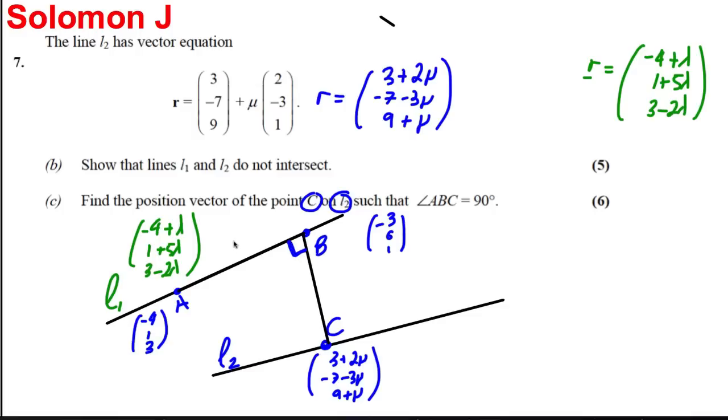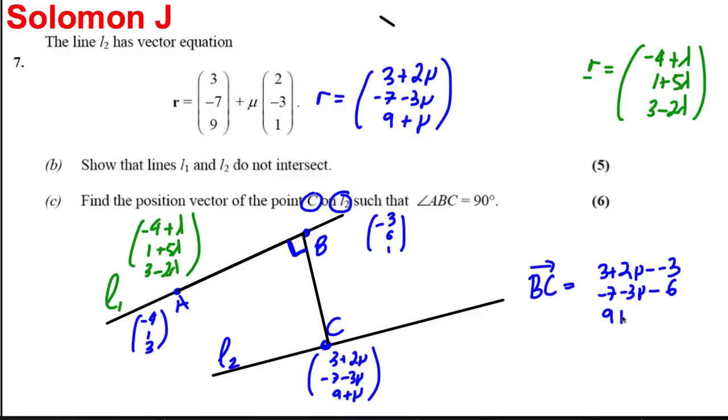Now, for them to be equal to 90, we have to find the vector BC. So the vector B to C is C minus B. So it would be 3 plus 2 mu, subtract negative 3. It would be negative 7 subtract 3 mu, subtract 6.